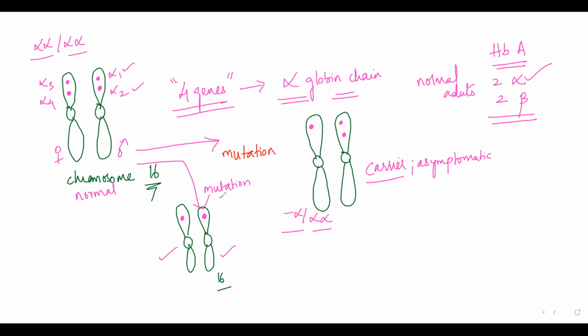But here, because of mutation, they lost some, and we have only two genes responsible for production of the alpha chain. So what do we call this condition? This person will be normal, but this is called alpha thalassemia trait.